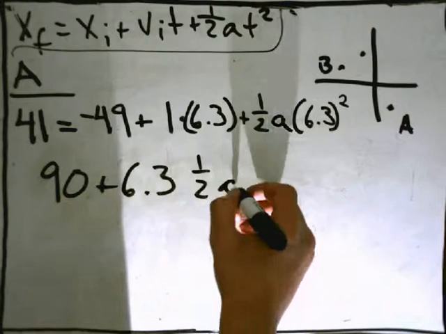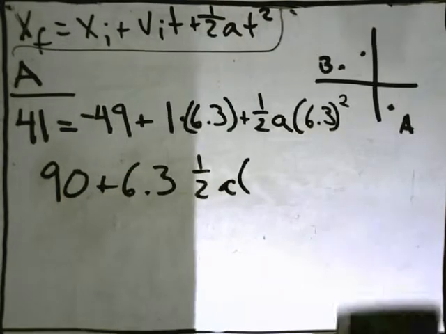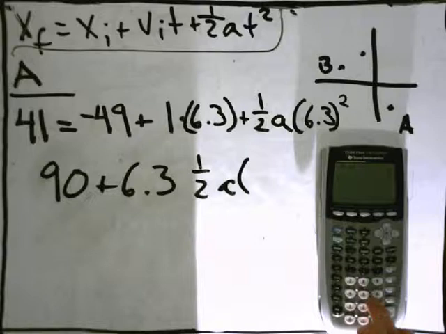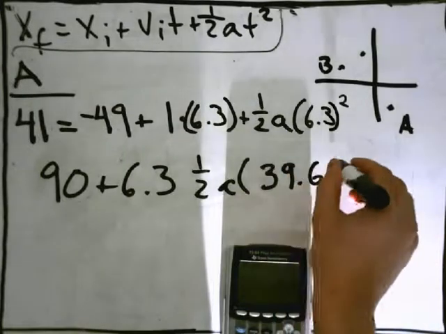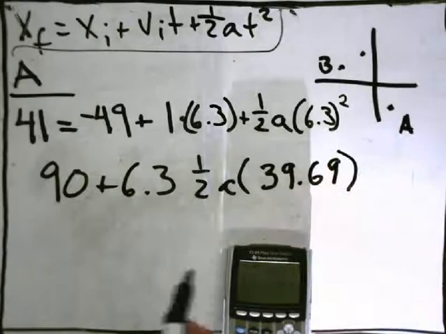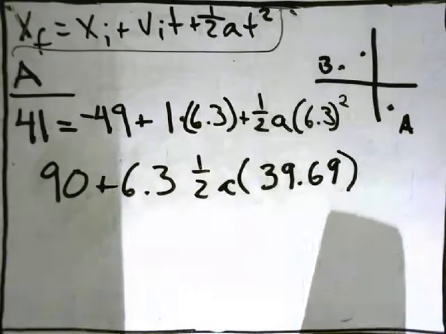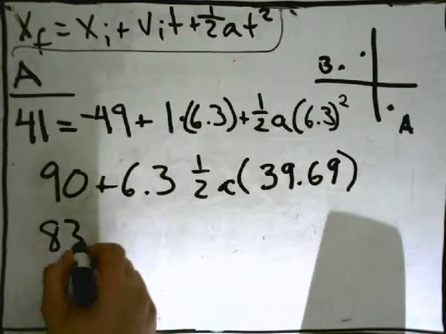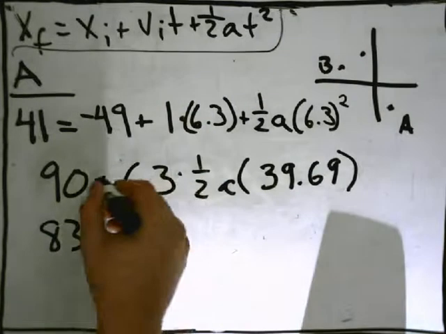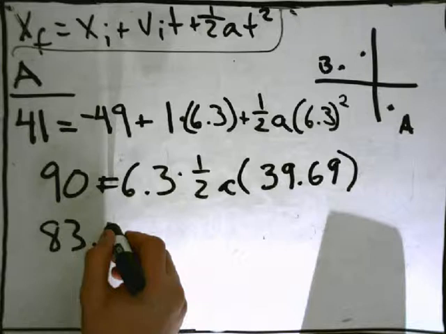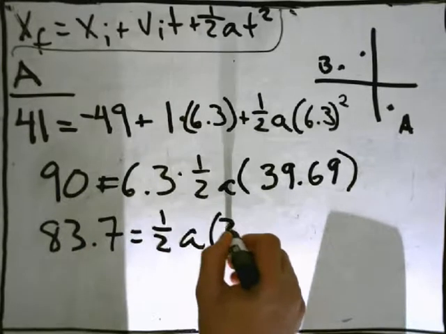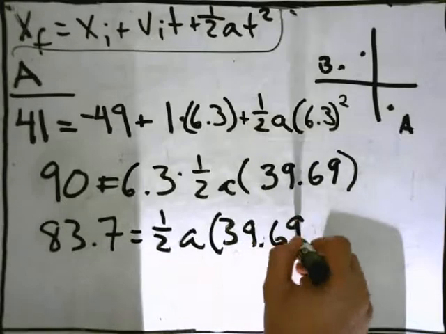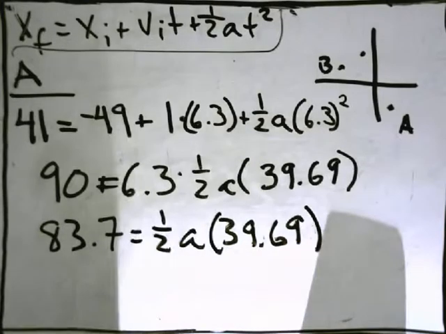Then we're going to subtract 6.3 from both sides, so we get 83.7 equals 1/2 A times 39.69. Then we're going to multiply both sides by 2 and then divide by 39.69 to isolate A. So 83.7 times 2 divided by 39.69.